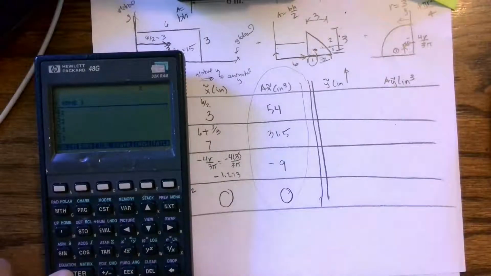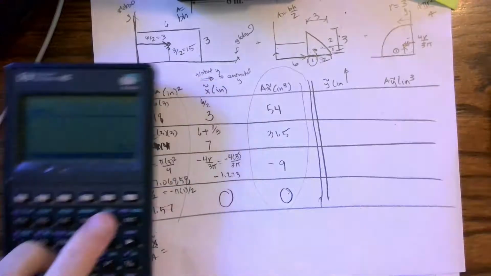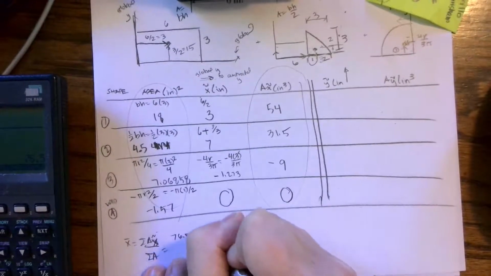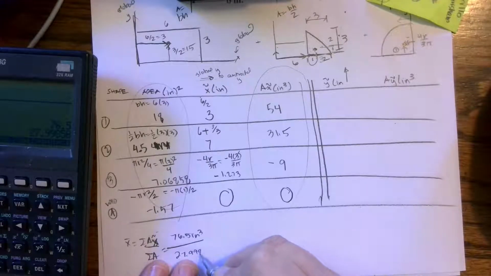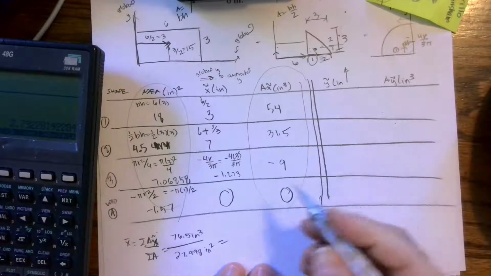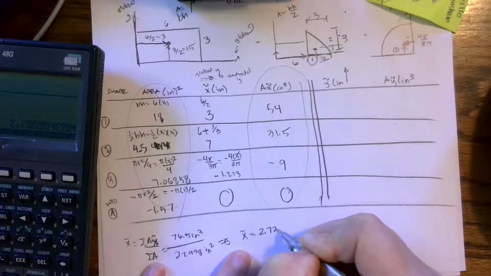So I have 54 plus 31.5 plus 9 minus, because remember we had to move to the left, so we have 76.5 inches cubed divided by 18 plus 4.5 plus 7.06858 plus 1.57 minus, 27.998 inches squared. And when I divide those out, I get that x bar equals 2.73 inches.